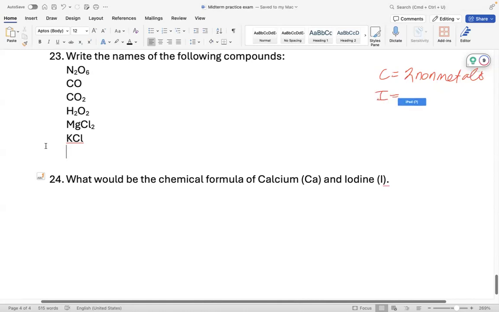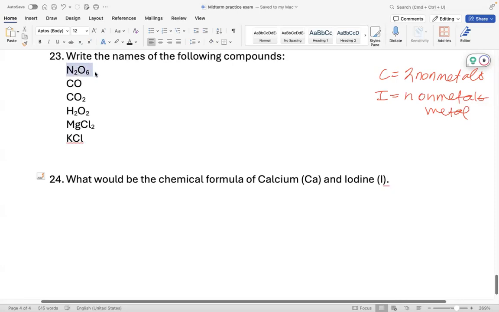Ionic is a nonmetal and a metal, so something on the left of the stair step and something on the right. All right, so I'm going to first go through this list and determine if it's covalent or ionic.